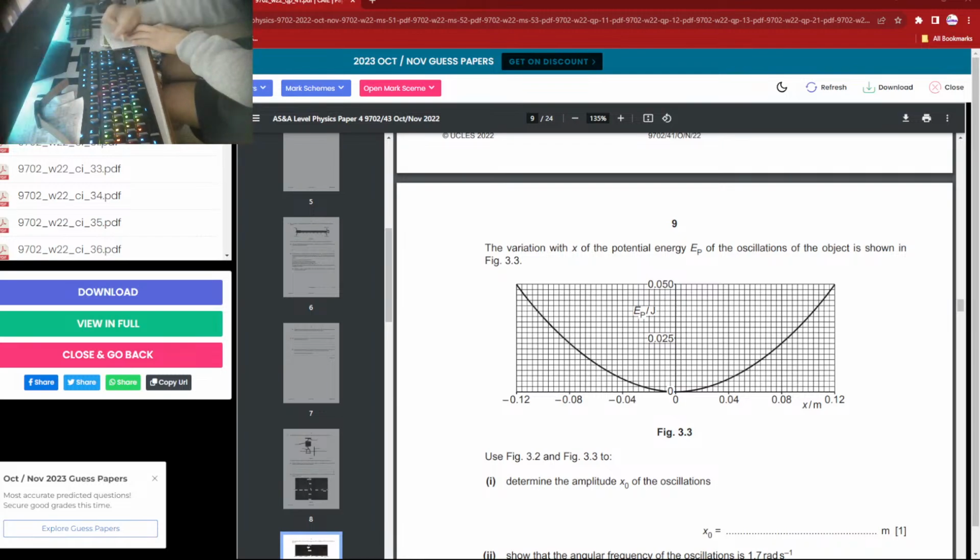You move everything over, you get m is equal to 2 times 0.05 over 1.7 squared times 0.12 squared. So that gives you 2.4 kilos.